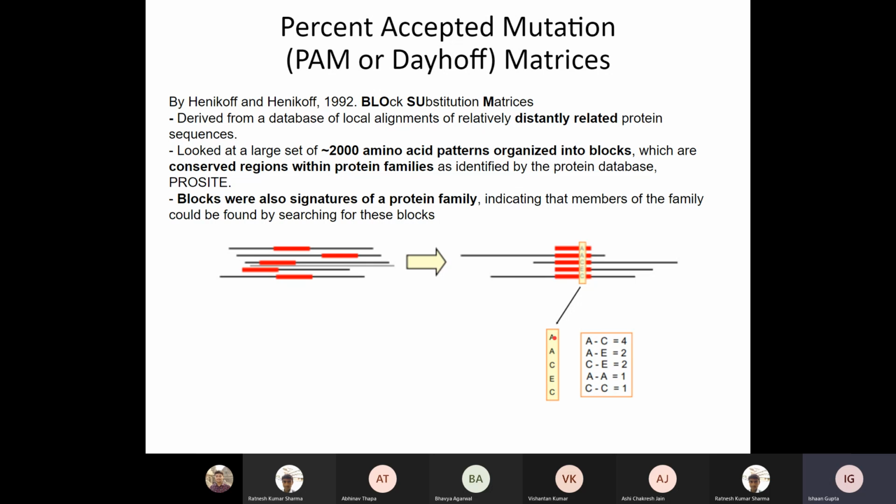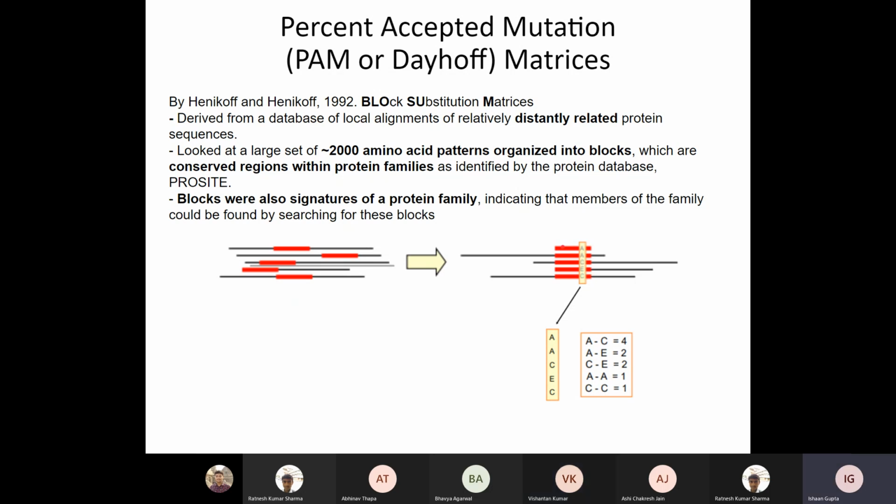It will be 4 because this A can get mutated into the sequence context of this C, because now we are talking about mutation of one sequence into another, this top sequence into this bottom sequence, right? So there will be 2 into 2 mutation events, right? Fine, sir. Got it.